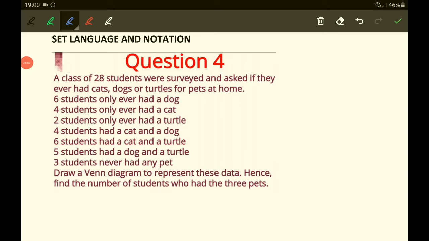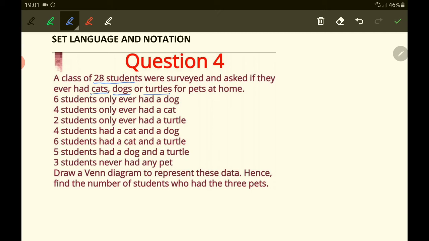Now this is question number 4. A class of 28 students, so the total number of students is 28, were surveyed and asked if they ever had cats, dogs, or turtles. So we have 3 animals here, so it represents 3 variables.